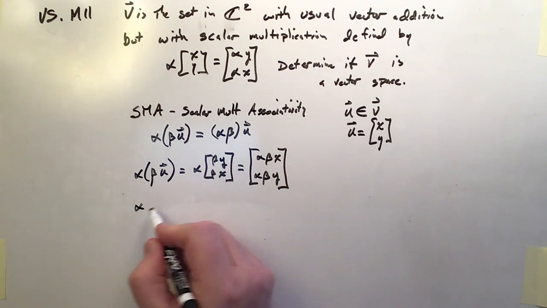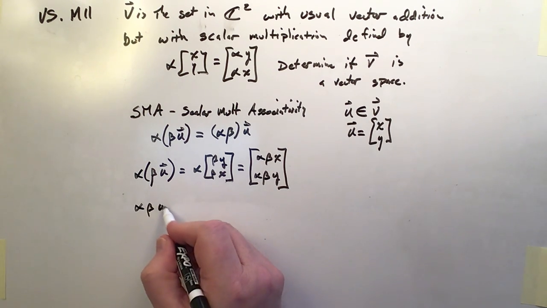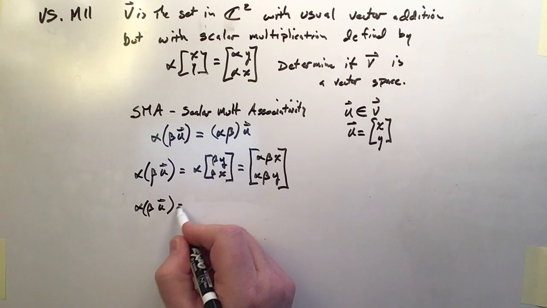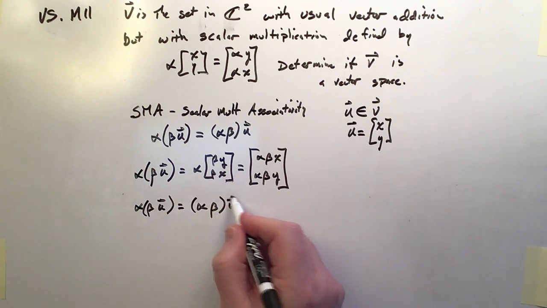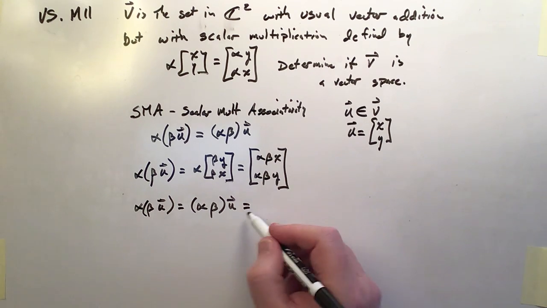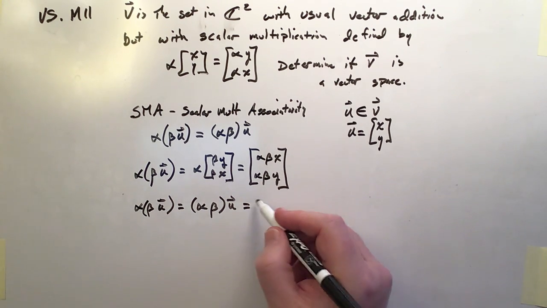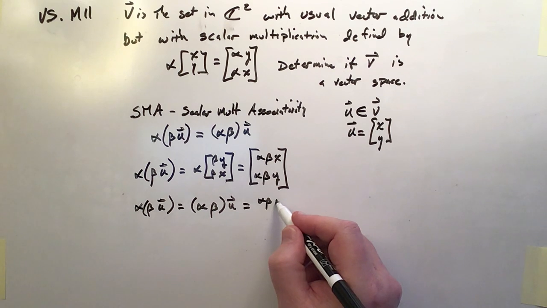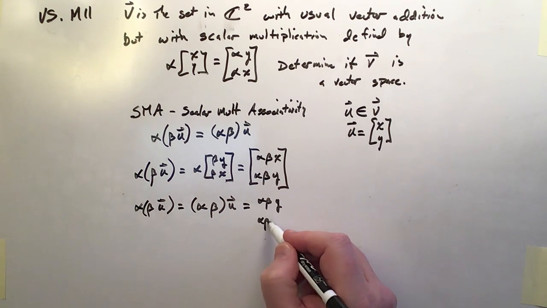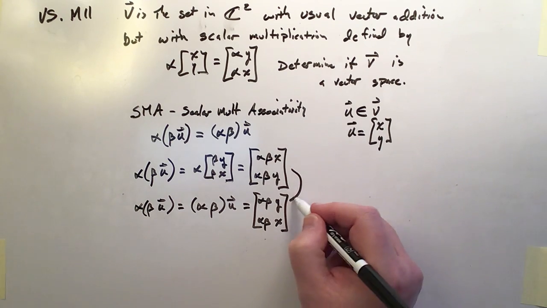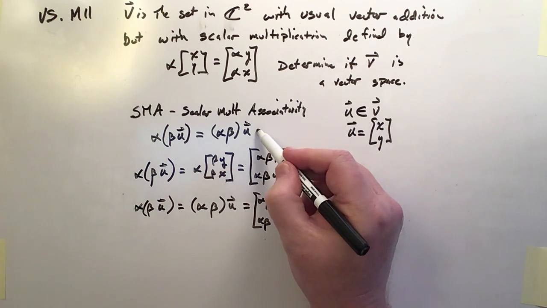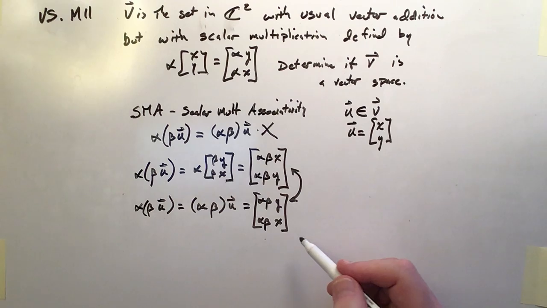And of course, if I do it that way, alpha beta times u, that's going to produce one single instance of this flipping. So it's going to be alpha beta times y over alpha beta times x. You can see there is a difference between the final answers, so this does not hold true.